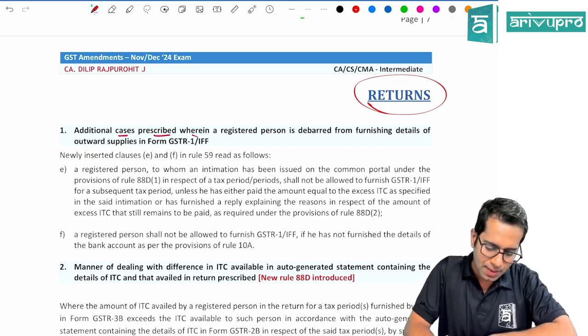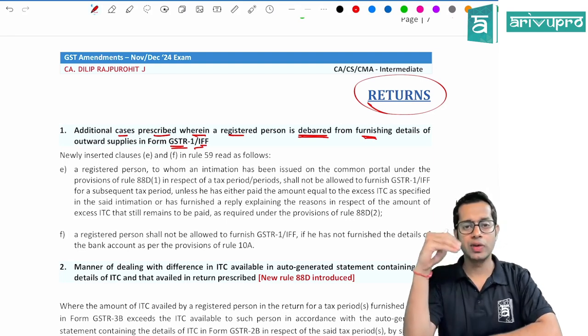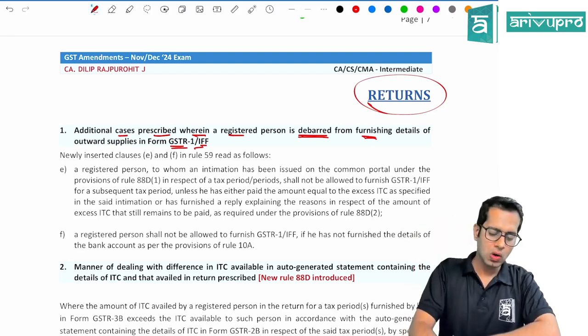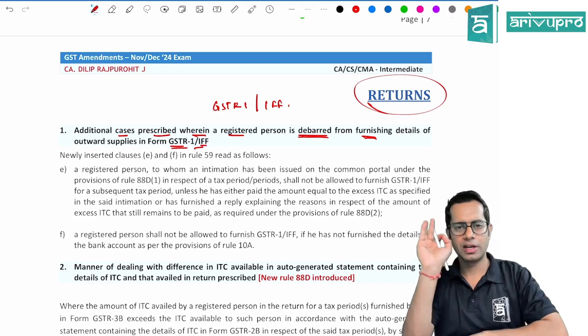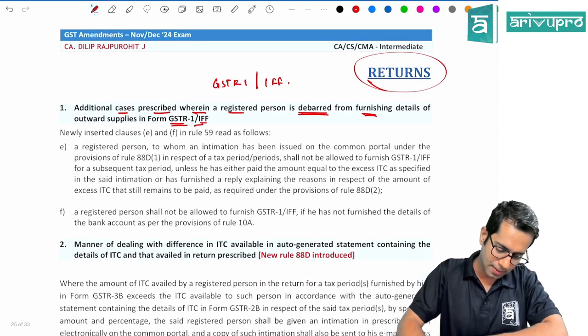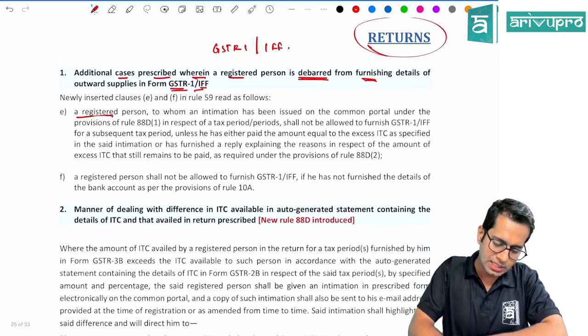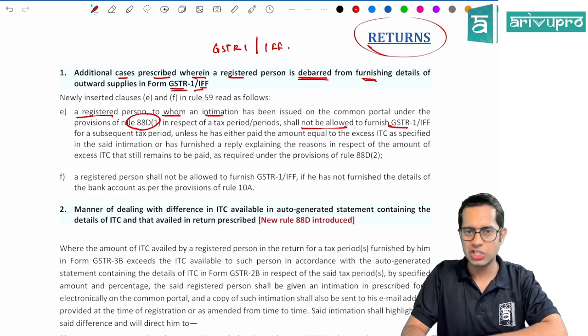Additional cases prescribed where a registered person is debarred from furnishing details in GSTR1. Now, there are different scenarios wherein a person will not be allowed to file his GSTR1 GST return, or he will not be able to use the invoice furnishing facility. So they have added one extra ground over here. A registered person to whom the intimation has been sent under Rule 88D shall not be allowed to file his GSTR1.